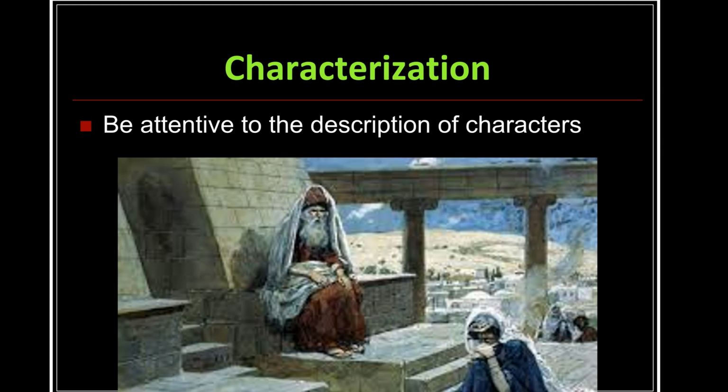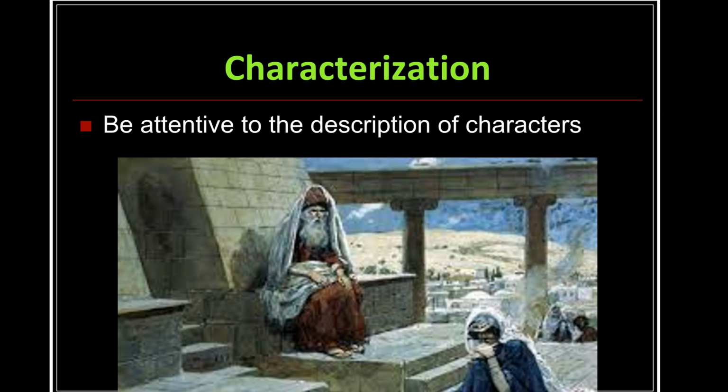The text is much more concerned with action and dialogue, both of which move the plot forward. Therefore, if the narrator pauses to tell us about someone, what they're wearing, or what they look like, then these details are likely important to the plot. Stay alert and make a note for later interpretation.